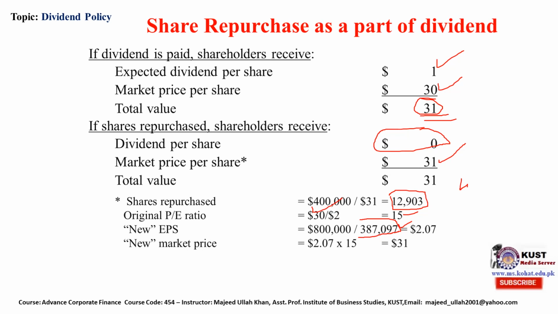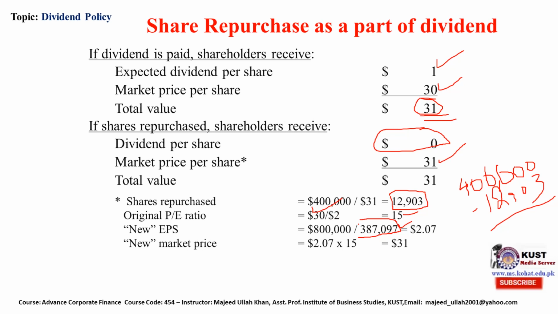We have 400,000 shares outstanding, and we are buying back 12,903. When we subtract it, this is the number of shares we will be left with. Outstanding shares with the people will be that much.